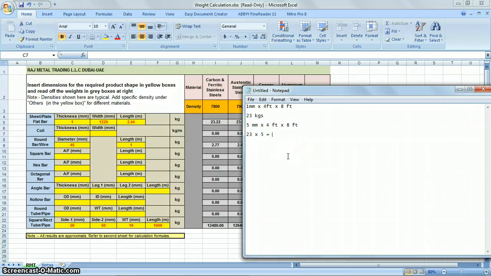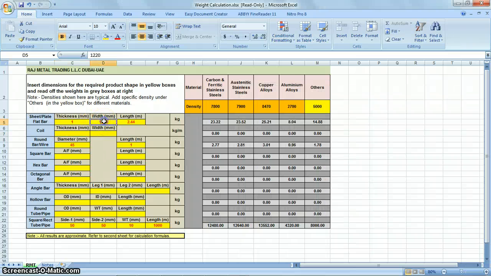I guess it is 115. Right. Similarly, you remember 2 meter by 6 meter. I think it's 93, but let me verify. I'm not sure.